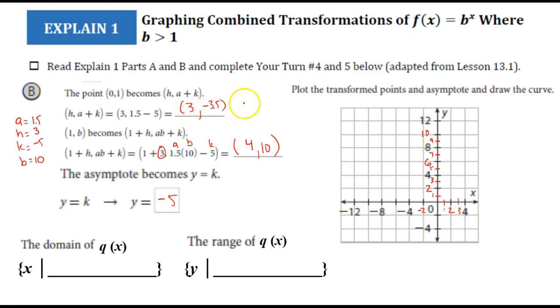So let's go ahead and graph the first one, which is 3, -3.5. So that'd be 3, and that would be about 3.5 right there. 4, 10, that would be about 10 right here.